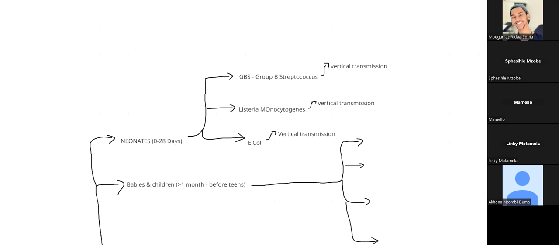Before I move on to the babies and children, you also need to keep in mind that you can get gram-negative bacilli as well as Staphylococcus aureus. If a neonate is in hospital, the neonate can also get hospital-acquired infections. Sometimes the question is specific: this neonate was in hospital, and in the multiple choice, what are the possible organisms?